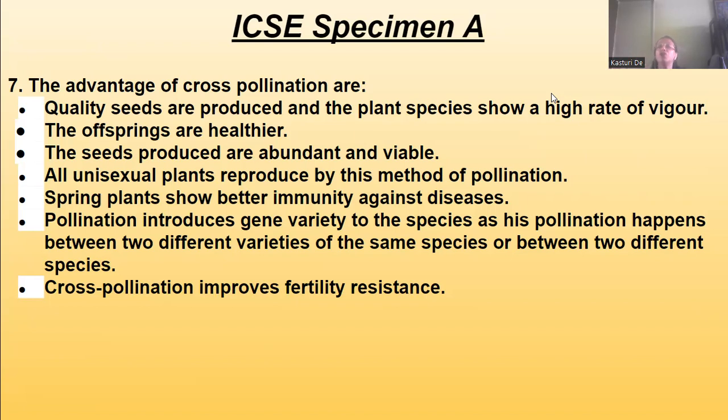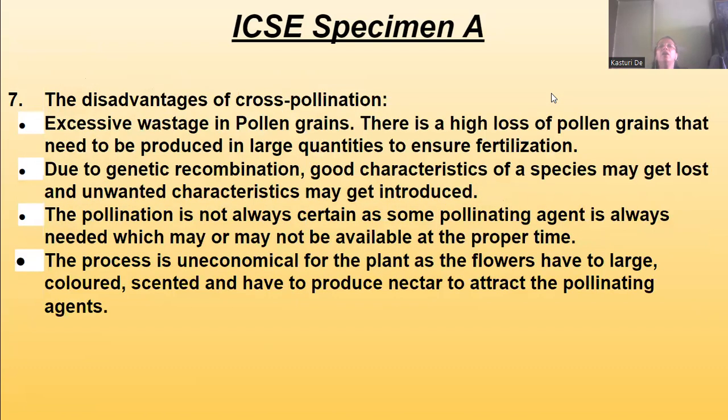Pollination introduces gene variety to the species, as this pollination happens between two different varieties of the same species or between two different species. That's why genetic variations are there. In cross pollination, fertility resistance also increases.